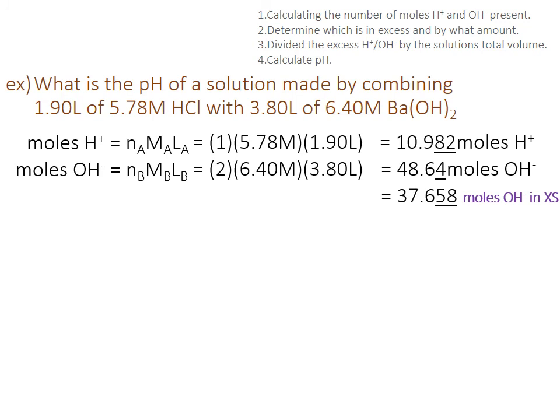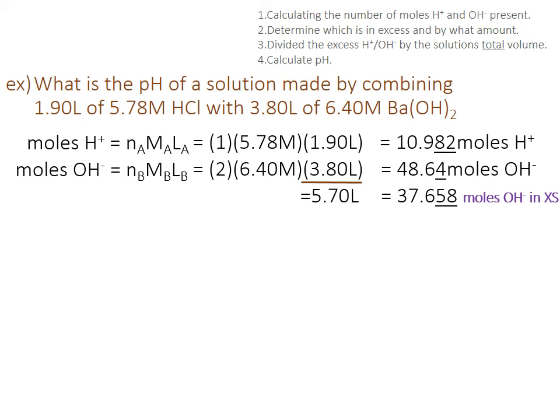In step 3, we divide the excess H+ or OH- by the solution's total volume. And what is the total volume? Well, 1.90 liters of hydrochloric acid mixed with 3.80 liters of barium hydroxide gives us a total volume of 5.70 liters.